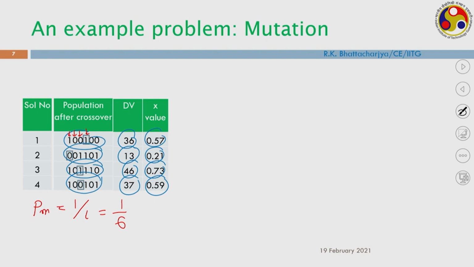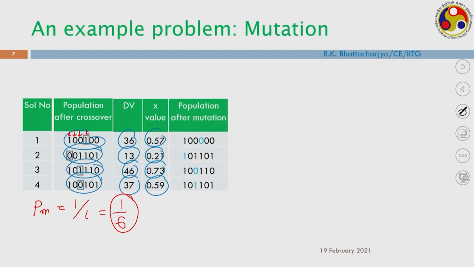I have used 1 by 6, it means that out of 6 trials, 1 will be mutated. Out of 6 trials, 1 will be mutated. So, in this case suppose the fourth one will be mutated.